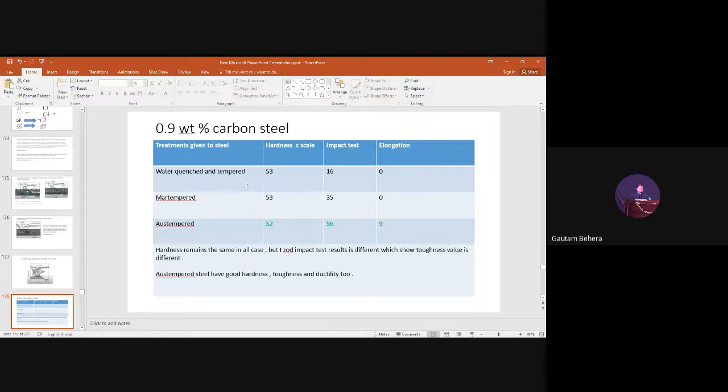Okay, Gyanananda, can you answer this one? Gyanananda? No, sir. Okay, no, sir. Apurva Das? Yes, sir. What is the microstructure you will get after this heat treatment? No idea, sir. Okay.